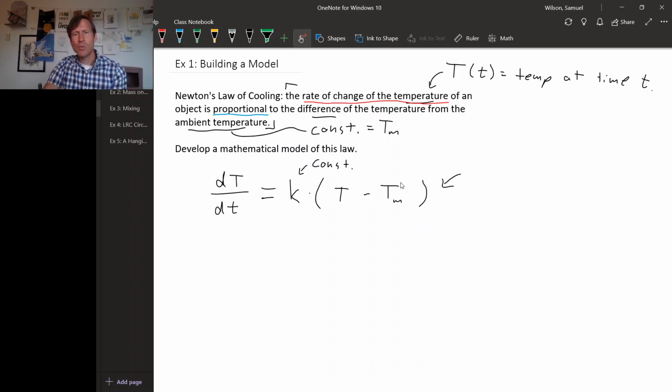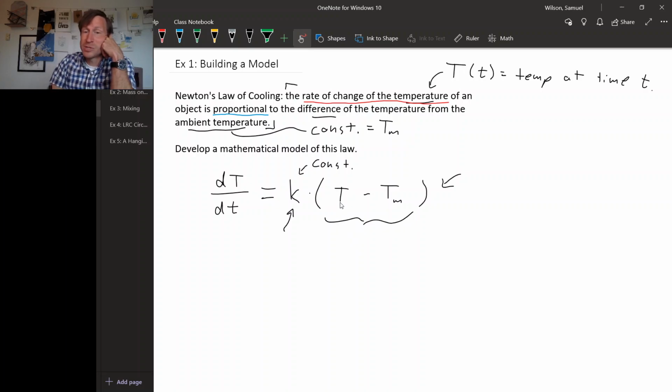We should think about what are the possible values for all of the constants in this model. So for k, for example, as far as we know initially, k could be any real number. But not all real numbers make physical sense in this situation. So imagine that this difference in parentheses is positive.